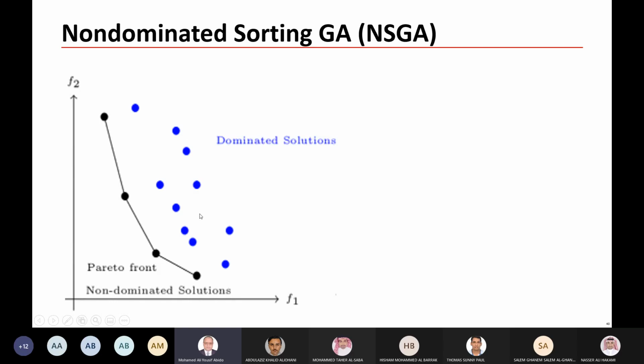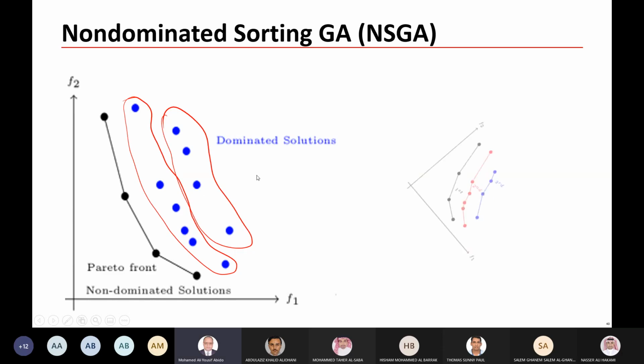So this is the case. You have the population, and this is the first front. Definitely, when you exclude these solutions from the population and you do it again, you need to identify the non-dominated solutions. So most likely this will be the second front, and this will be the third front.